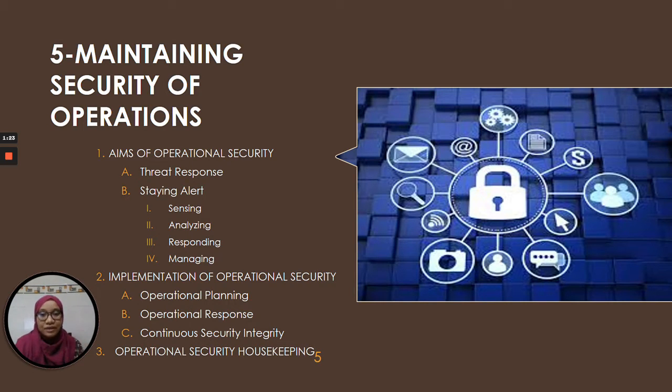There are 4 things that you need to know about that, and how to implement the operational security. And finally, what are the housekeeping things that you need to do in order to make sure your operational security measures and the SOP are always relevant.